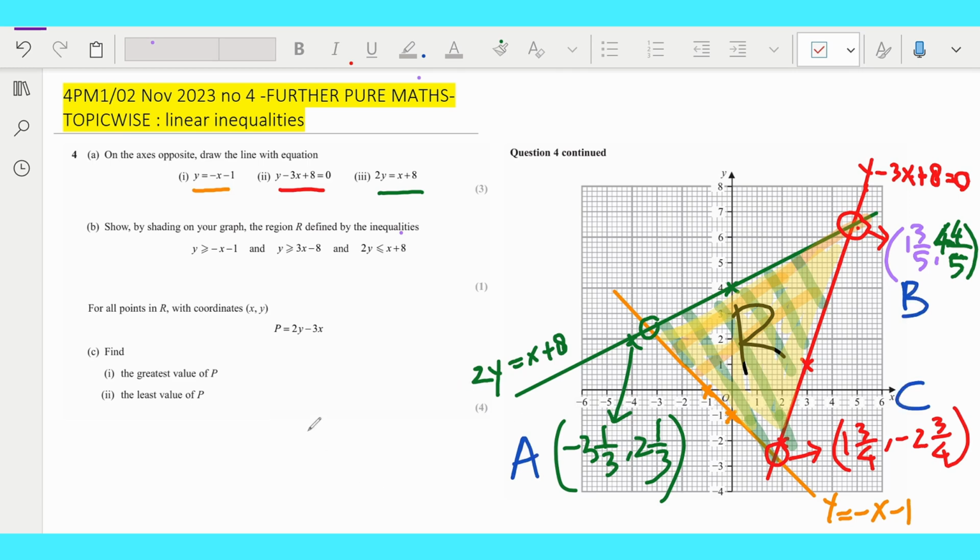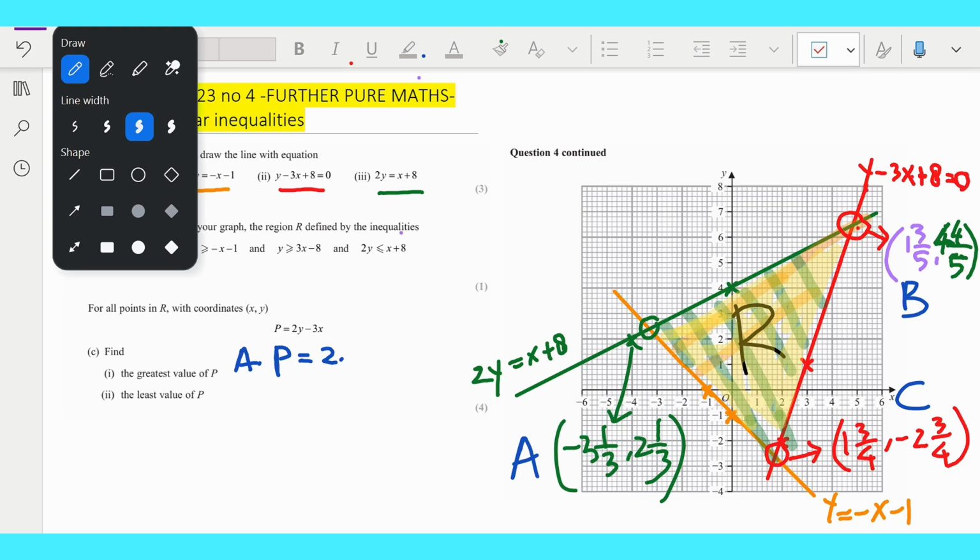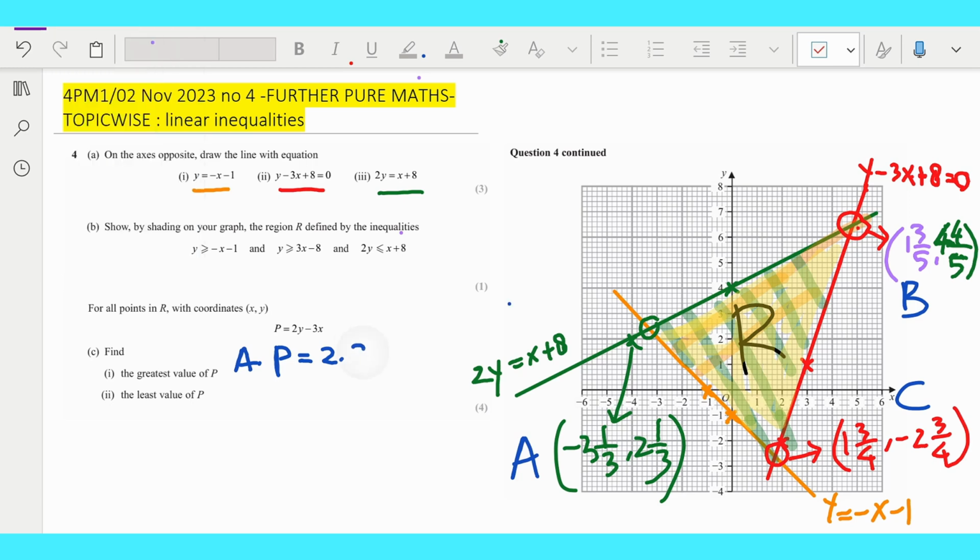We start from A. So A will be P equals 2 times y, which is 2 1/3, minus 3 times the x part, which is negative 3 1/3.